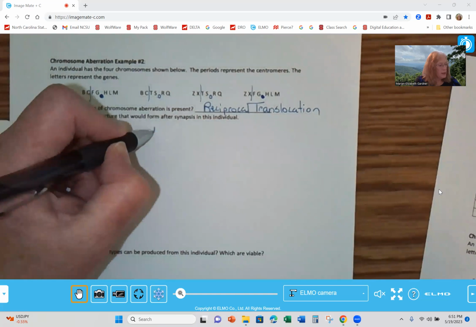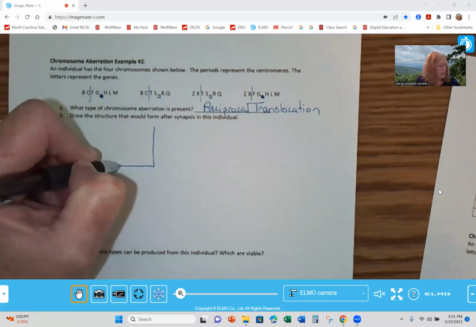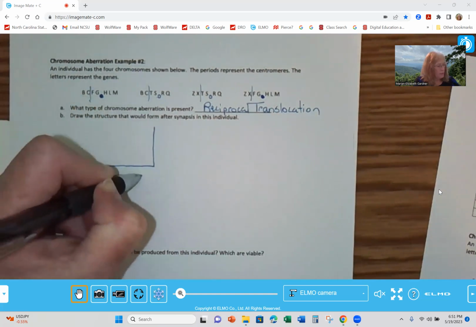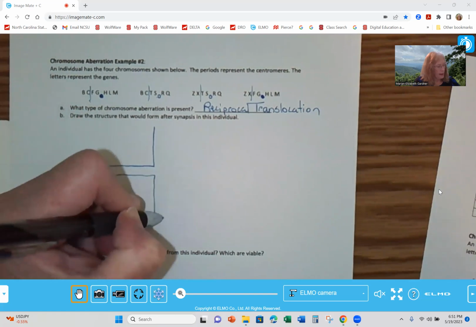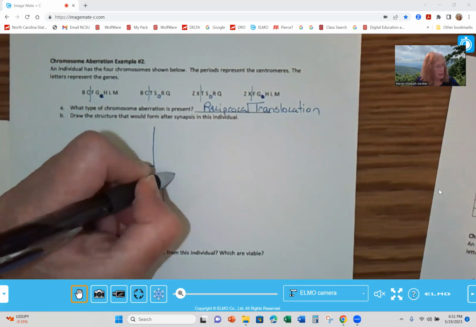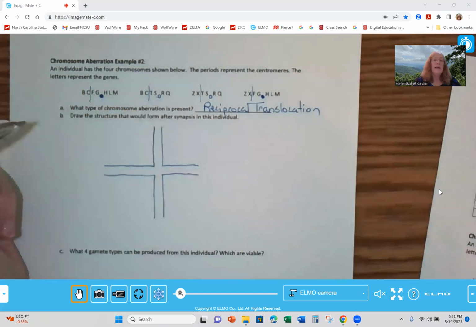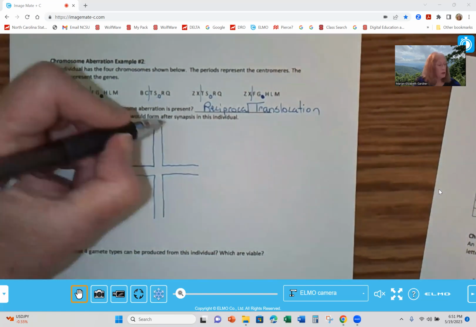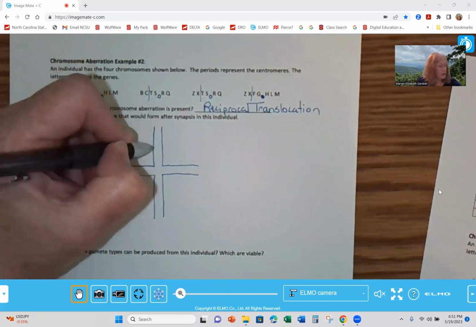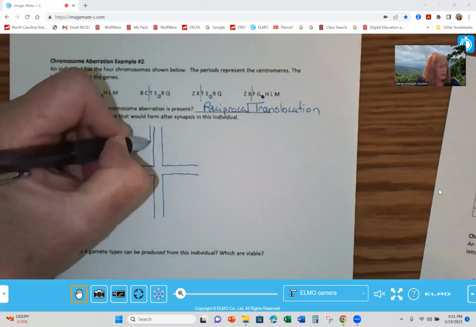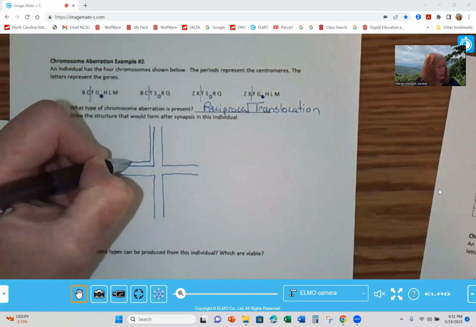So reciprocal translocations synapse in a cross-type structure. So we can draw that outline. And again, synapsis occurs when there are two chromatids on every centromere. So these are the 4 chromosomes. Here is the second chromatid on each.